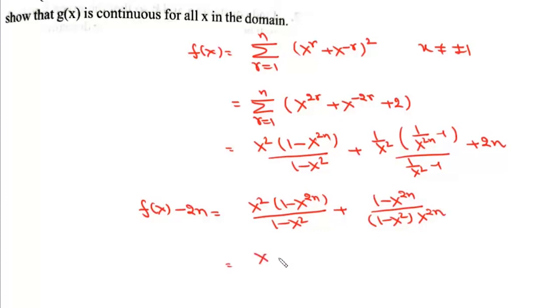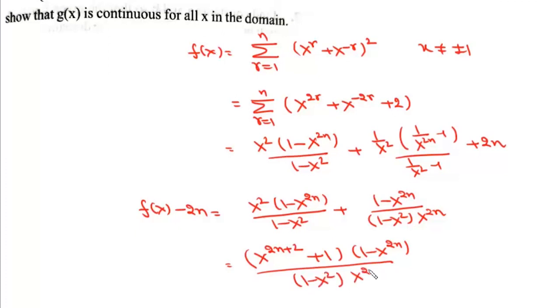Now we can write this as x to the power 2n plus 2 plus 1 into 1 minus x to the power 2n upon 1 minus x square into x to the power 2n.